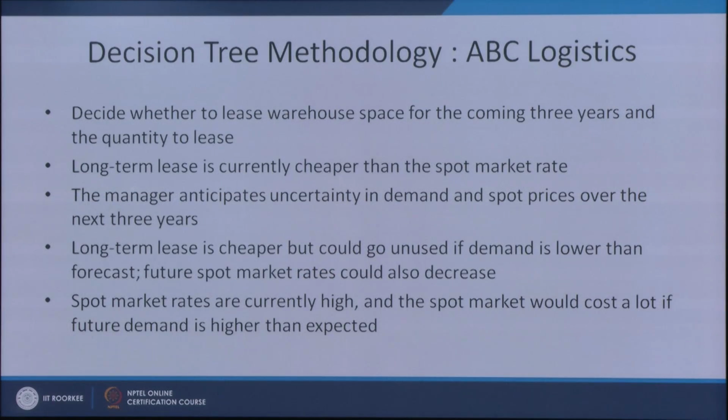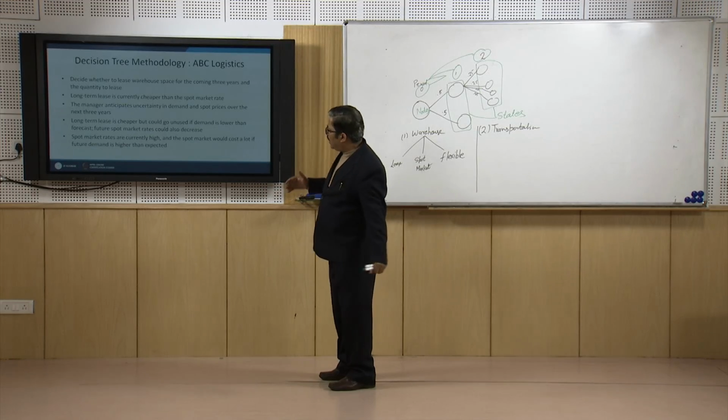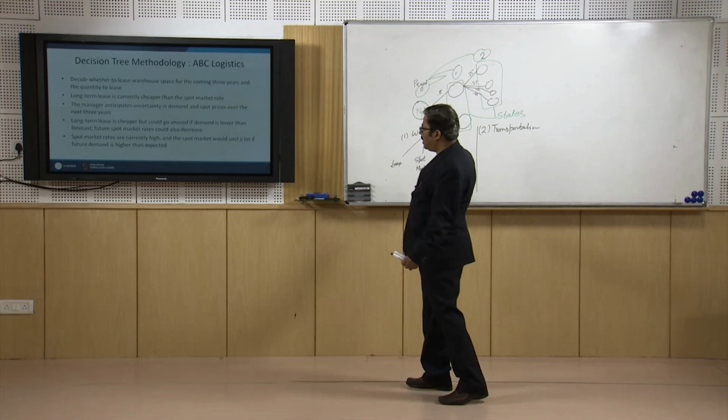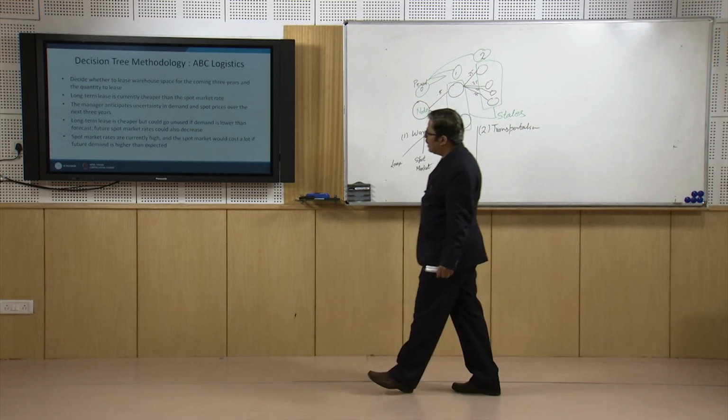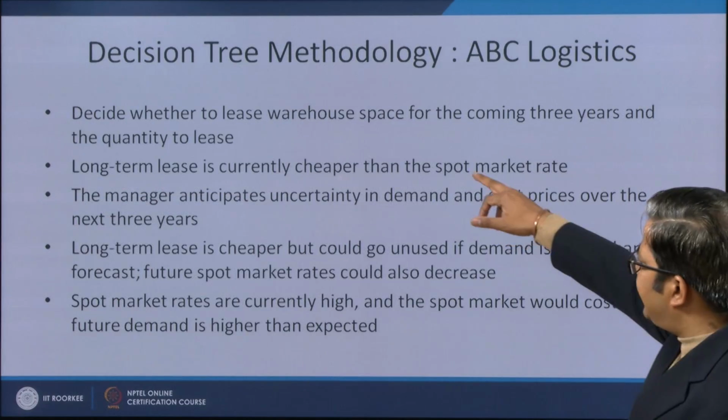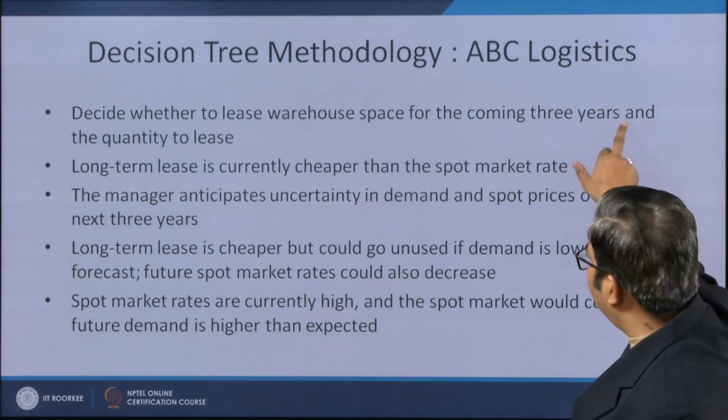Now, it is a situation where we want to hire a warehouse, and these are the options available to me. Decide whether to lease warehouse space for the coming 3 years.